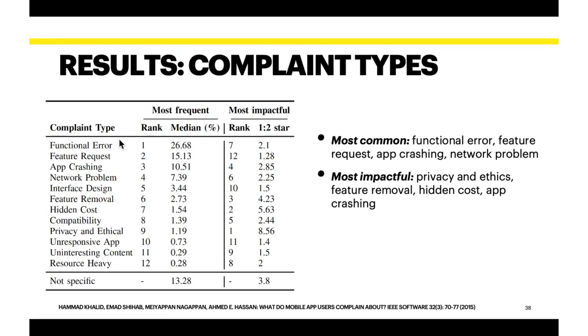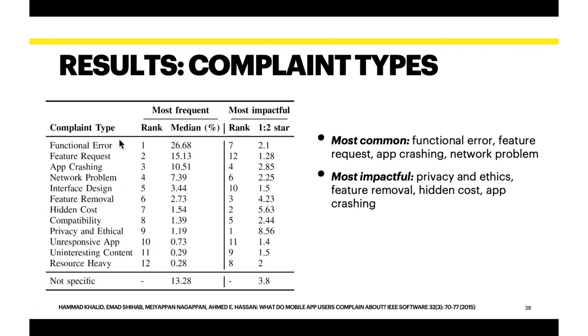So for instance, if you look at the category which is called privacy and ethical, then you see that in terms of frequency, it appears on rank number 9, while in terms of impact, it is number 1. So essentially, this means that if an app exhibits some problems related to privacy and ethics, then it is much more likely that the user will be profoundly unhappy and give 1 star instead of 2.